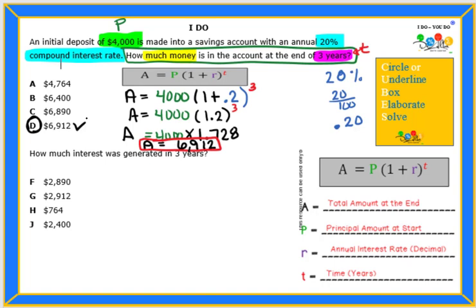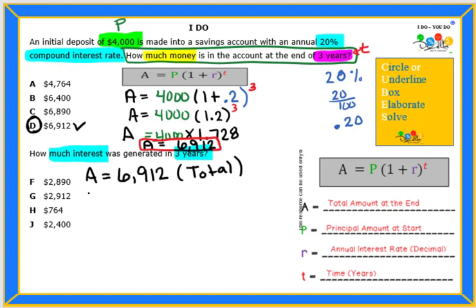Okay, so we have a second part to this problem. And the second question says, how much interest was generated in those 3 years? So we know that A is the amount that the account had at the end of 3 years. So that was the total at the end.